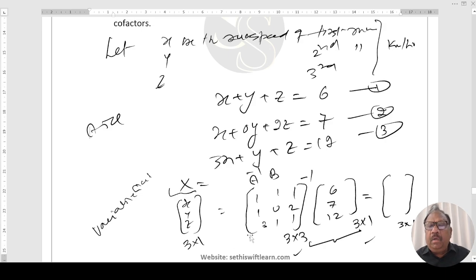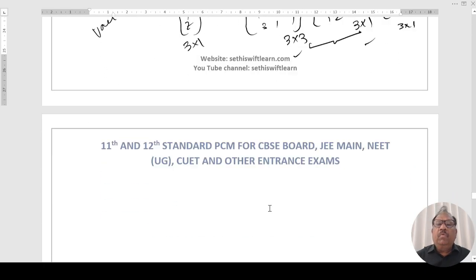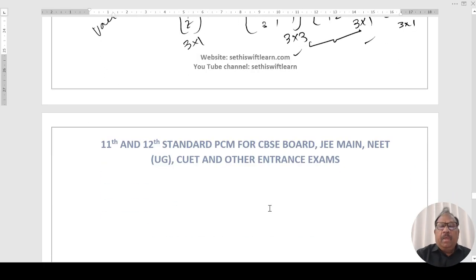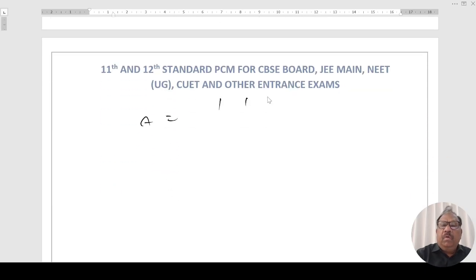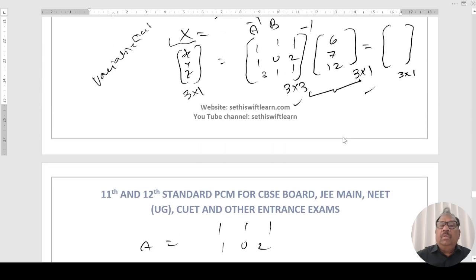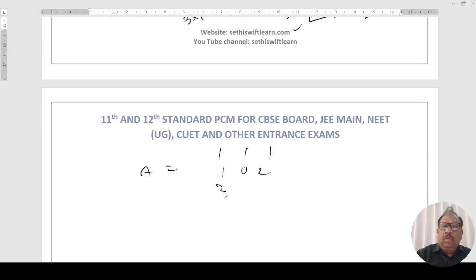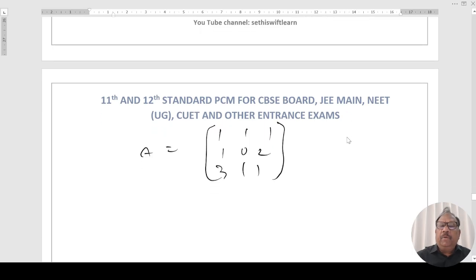Now to find the inverse of this matrix, A matrix is 1 1 1, 1 0 2, and 3 1 1. First of all, you check it.